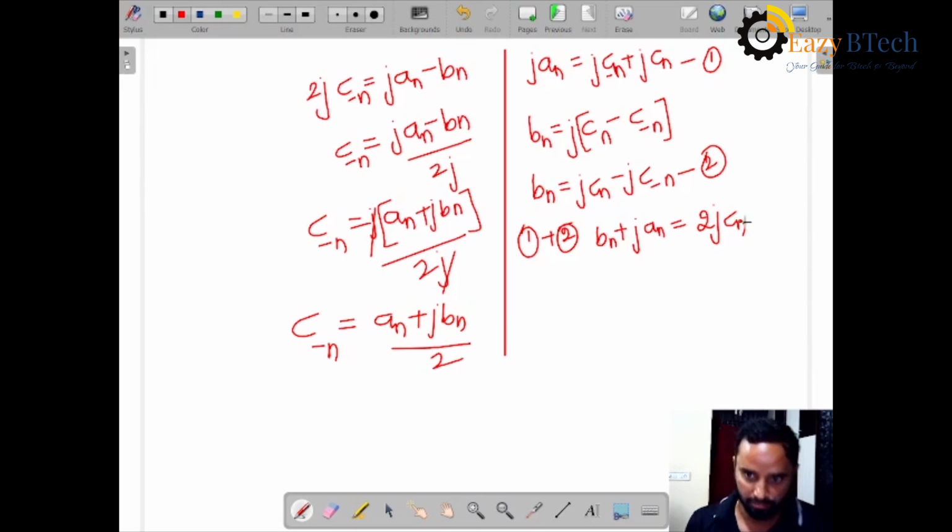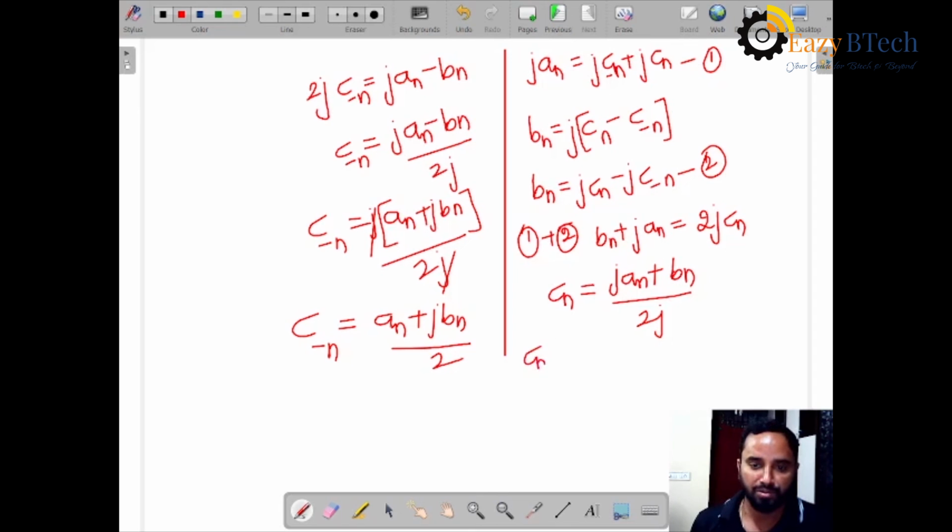Simply 2JCn. Now we want Cn formula. That is why I am writing Cn is equal to Jan plus Bn divided by 2J.